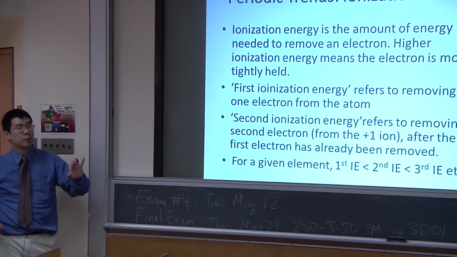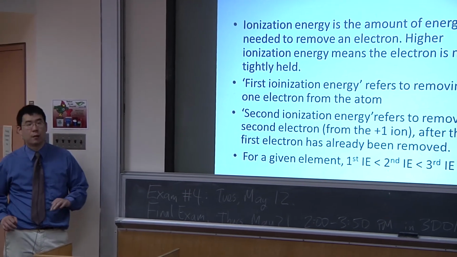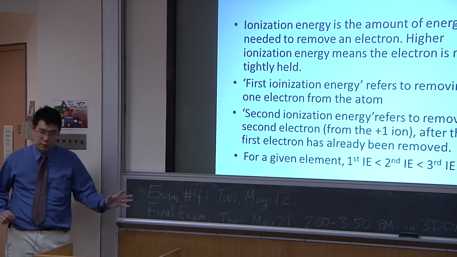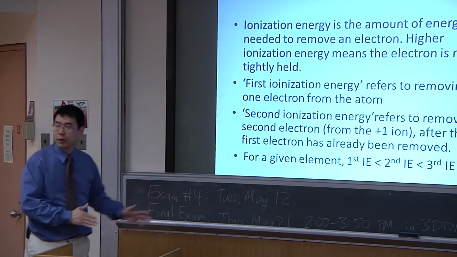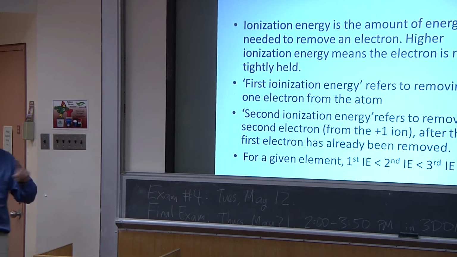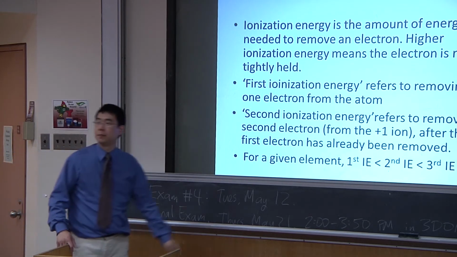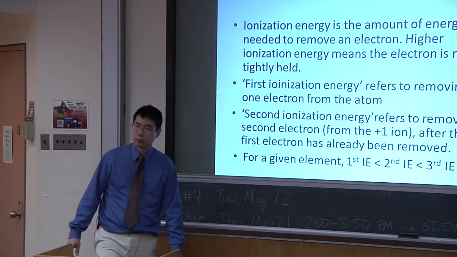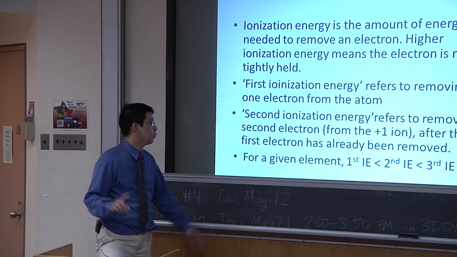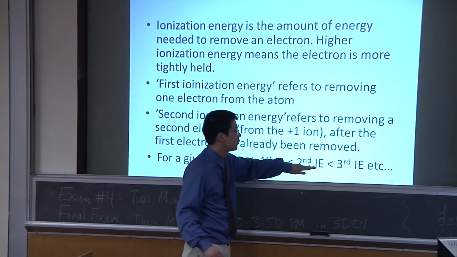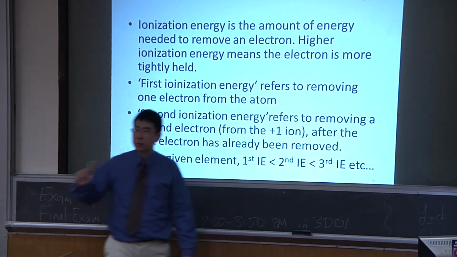So sodium has a very low first ionization energy, because it likes to lose one electron. What about the second ionization energy? It's going to be really high. That's what this says. For a given element, the first ionization energy is always less than the second, which is always less than the third. But for sodium, it's going to be particularly hard.